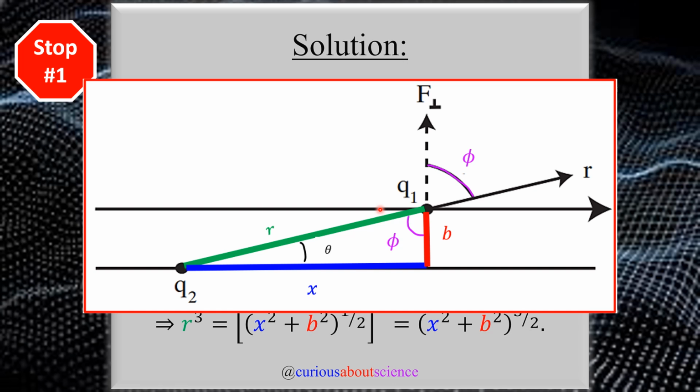But because we need the perpendicular component, F perpendicular is pointing up here instead of in the radial direction as we would expect. So because of this, we know we're going to need some clever geometry, in particular with phi. We're going to want the alternate interior angles here, and then we're going to map everything out via this triangle. The perpendicular component to this horizontal line is going to be this b.